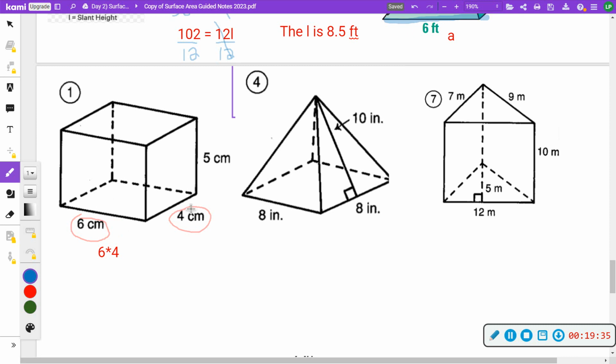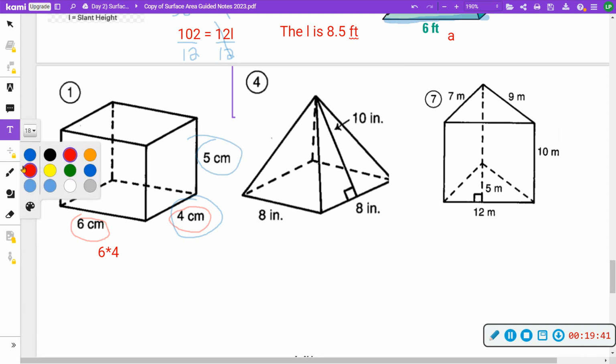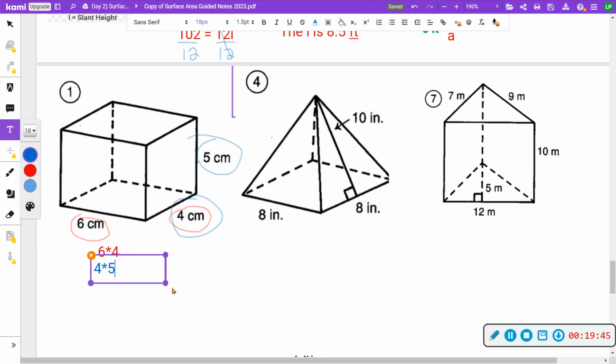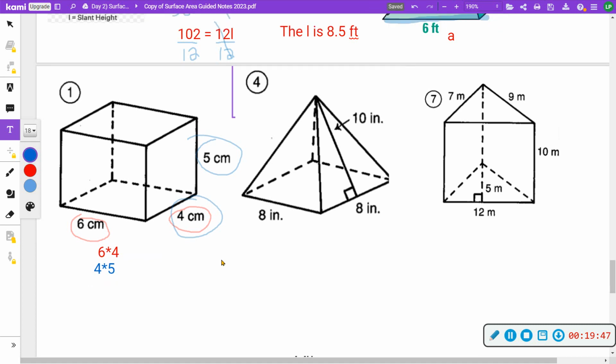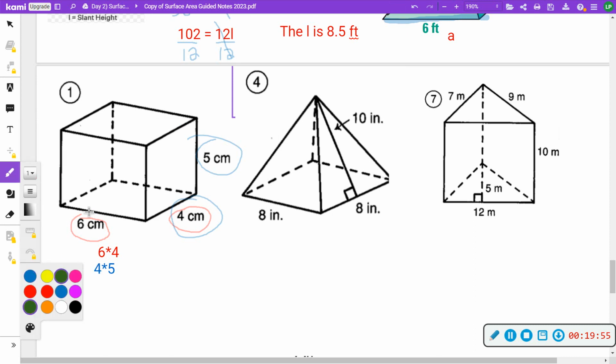And then I do 4 times 5. The only other combination I need to go for is 6 times 5. So I go 6 times 4, 4 times 5, 5 times 6.